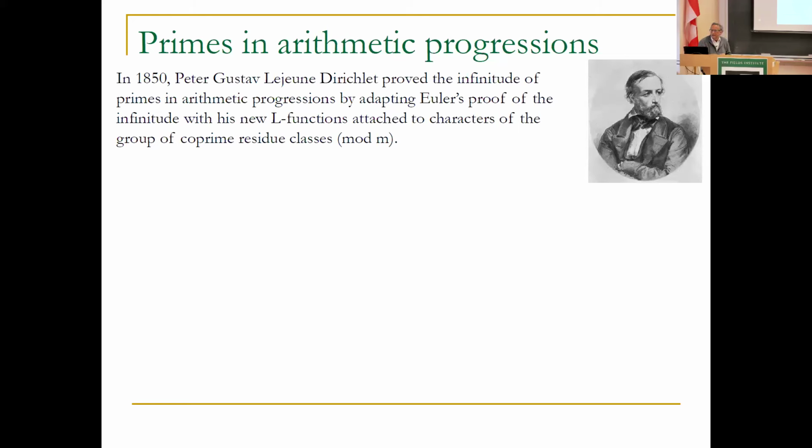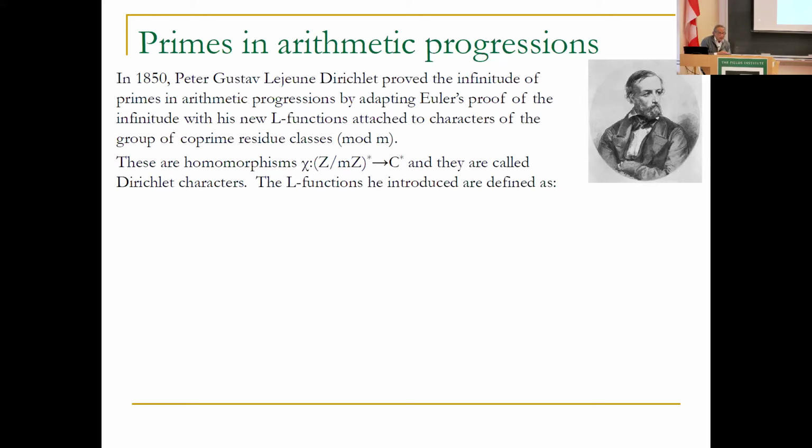And in this case, Dirichlet had success in showing that there are infinitely many primes in arithmetic progressions just by using group characters. In fact, the study of character theory, which is a chapter in group theory, originates with Dirichlet and this problem of trying to understand primes in arithmetic progressions. So you take a character, a multiplicative homomorphism of the coprime residue classes mod m, and then you attach a Dirichlet series to it.